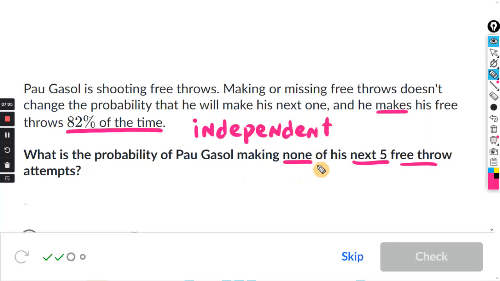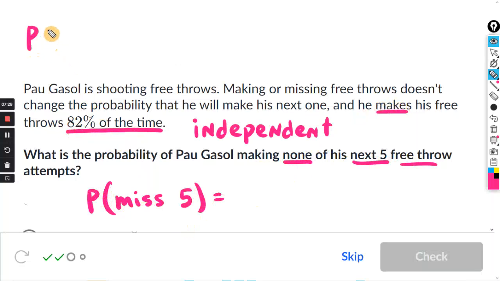Making none of the next 5 free throws means the probability that he's going to miss all 5 of them. Now, it says he makes it 82% of the time.